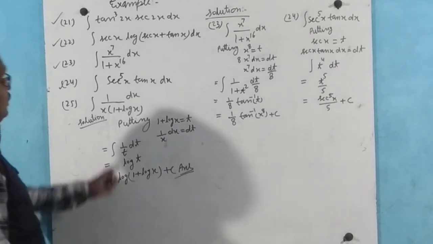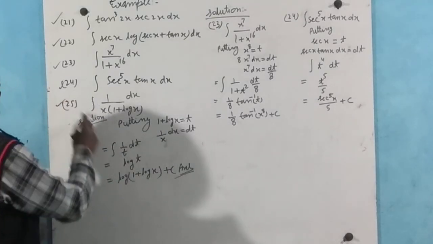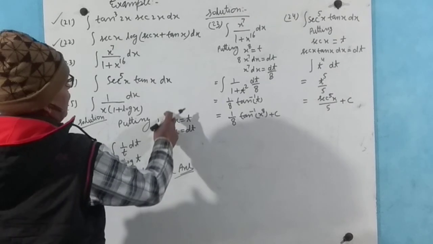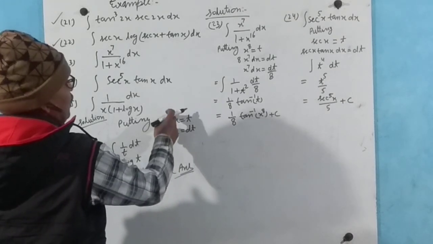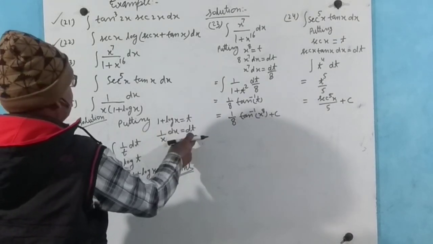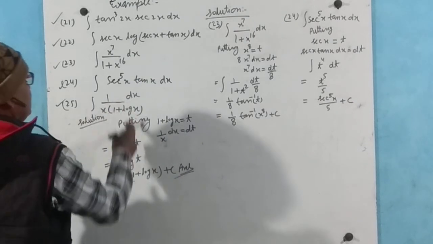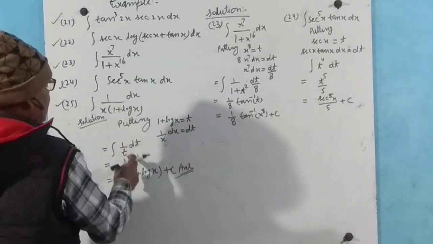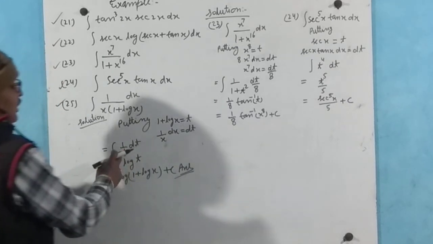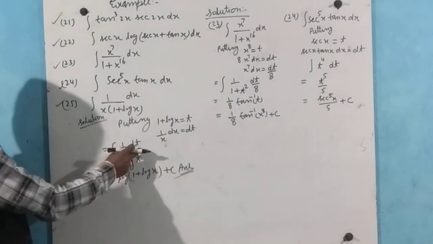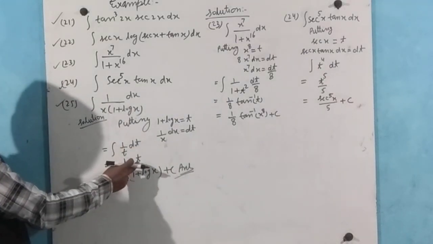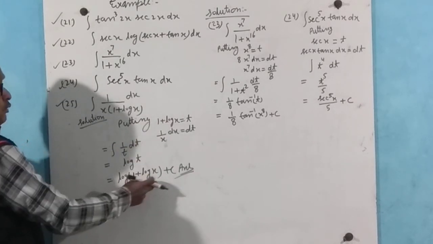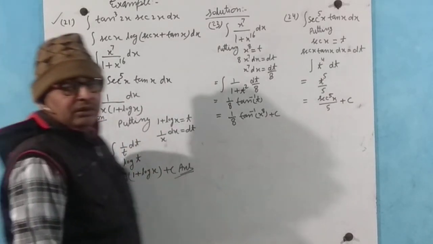Now question number 25, putting 1 plus log x is equal to t, so that 1 by x dx is equal to dt, and 1 by t here, so that integration of 1 by t is log t, putting the value of t here, log of 1 plus log x plus c integrating constant.